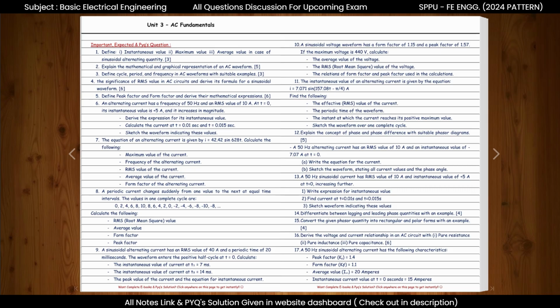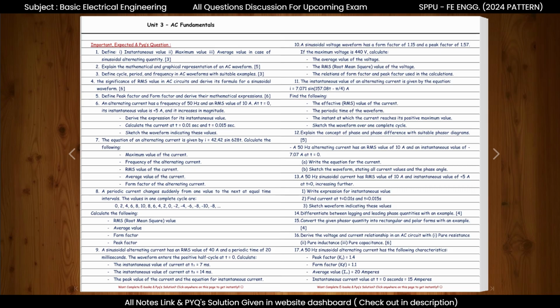Alright, let's move on to our next important topic, waveform equation problem. From this topic, we can expect questions such as, the equation of an alternating current is given by I equals 42.42 sin 628 t. Calculate the maximum value of the current, the frequency, RMS value, average value, and form factor.